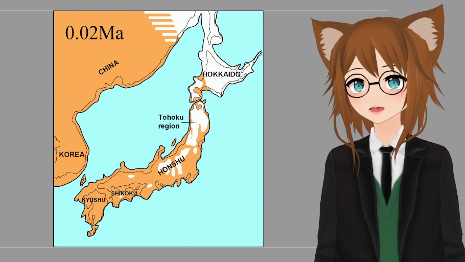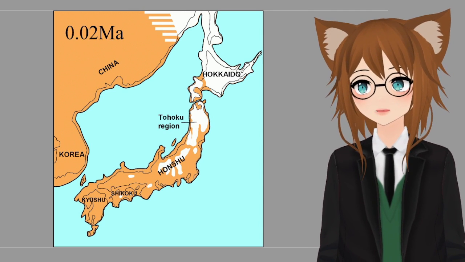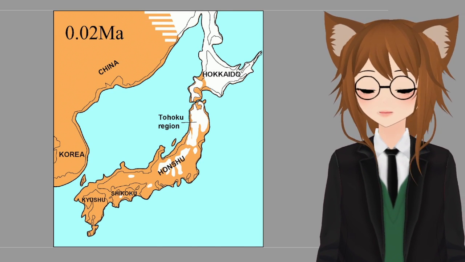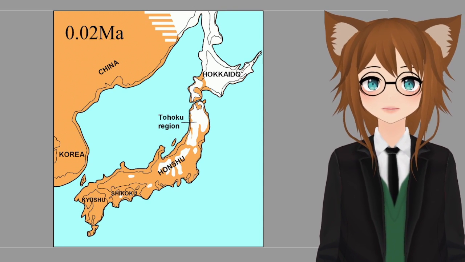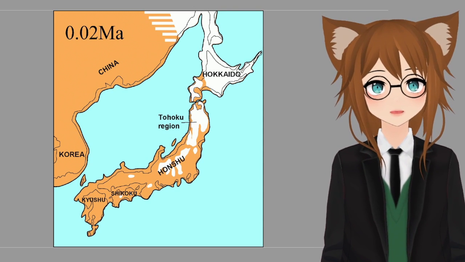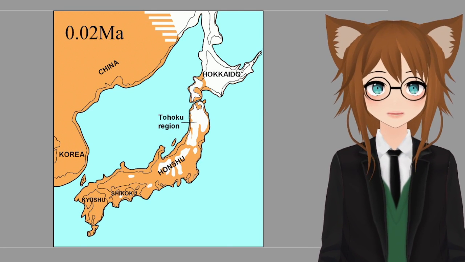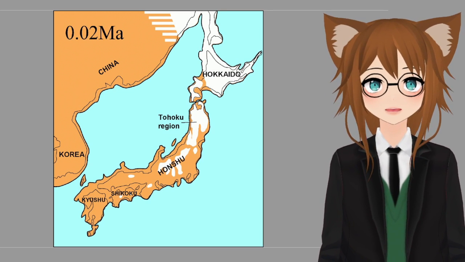Alright, this is a map of Japan at the last glacial maximum in the late Pleistocene epoch about 20,000 years ago. And what that means is this is the Ice Age, and the waters receded, and there were land bridges connecting Japan to parts of what are now Russia and Korea.